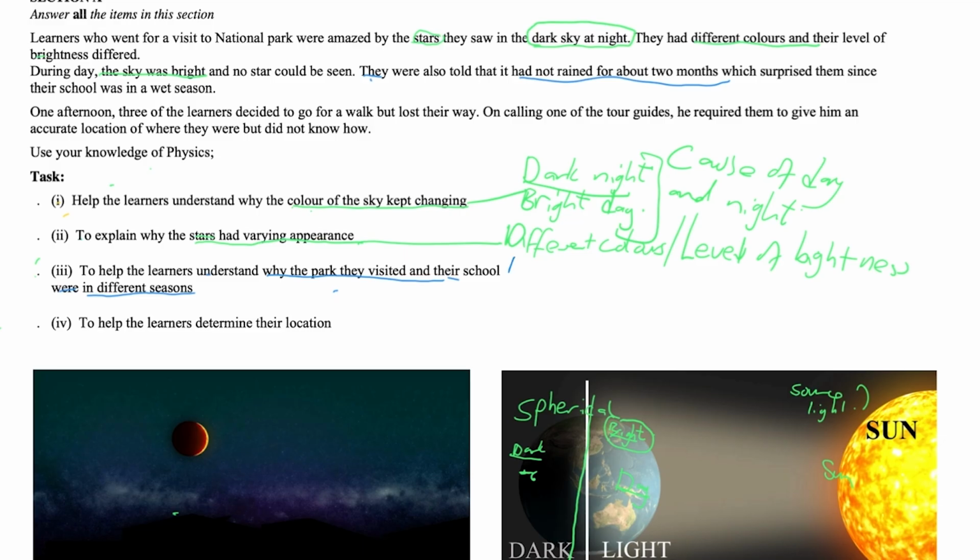So it not raining means that this was a dry spell, which is a dry season, which surprised them since their school was in a wet season. So you are going to explain why we have a dry season and a wet season.